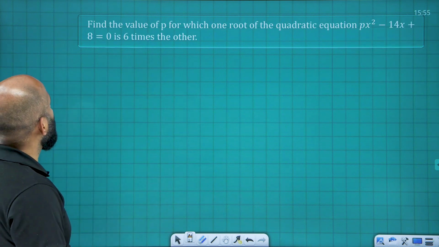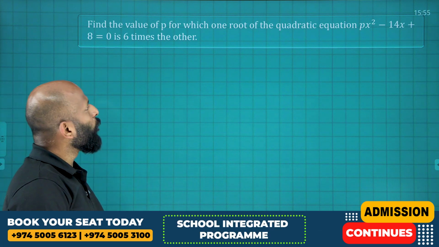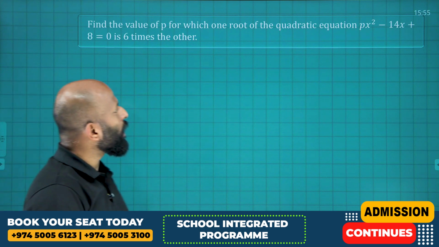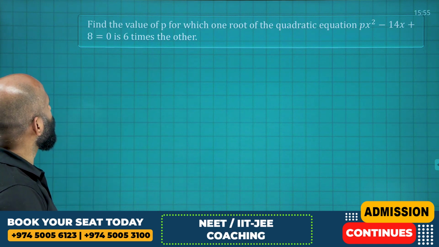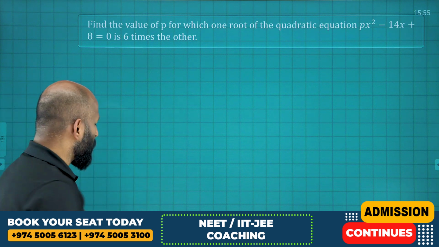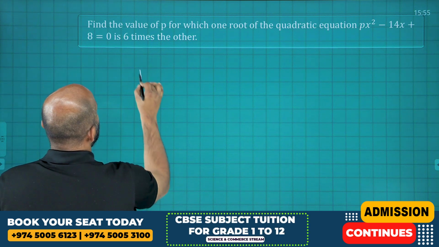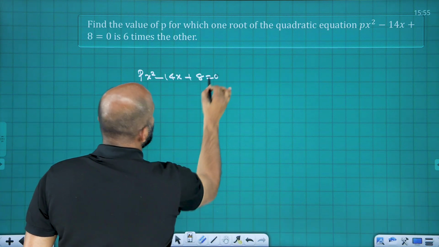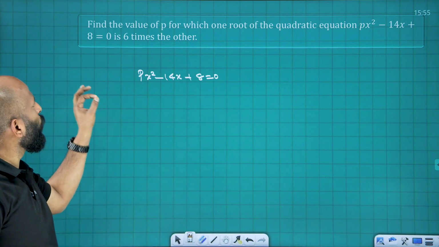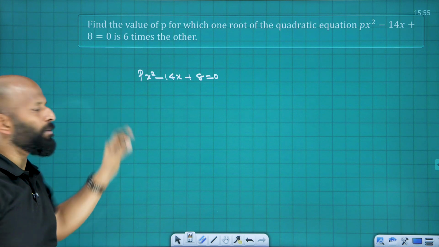Our next question will be, find the value of p for which one root of the quadratic equation px square minus 14x plus 8 is equal to 0 is 6 times the other. So here they have given a quadratic equation px square minus 14x plus 8 is equal to 0. Then they have given that one root is 6 times the other.